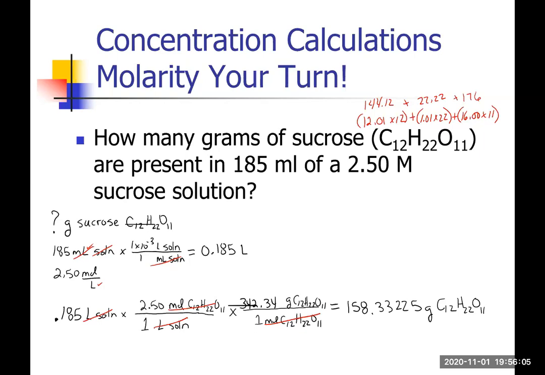So now I just need to take care of significant figures. So there are 3 significant figures here. And then we use this value, which is also 3 significant figures. So we need 3 significant figures in our answer, which puts us here.